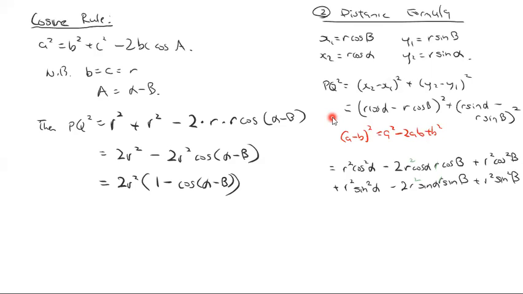Now, can you guys see that I can factor out an r squared out of everything? Yeah. So to make it a little bit nicer, maybe slightly more obvious what's happening, I'll do that.